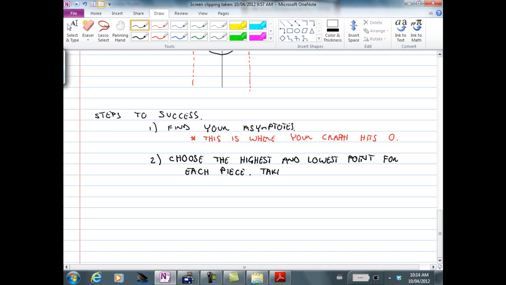Take the reciprocal of those points. We're going to choose the highest and lowest points for each piece, and we're going to take the reciprocal of those points.